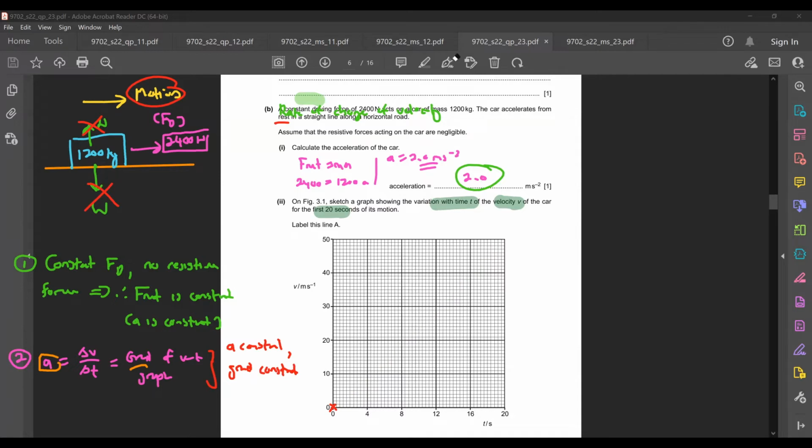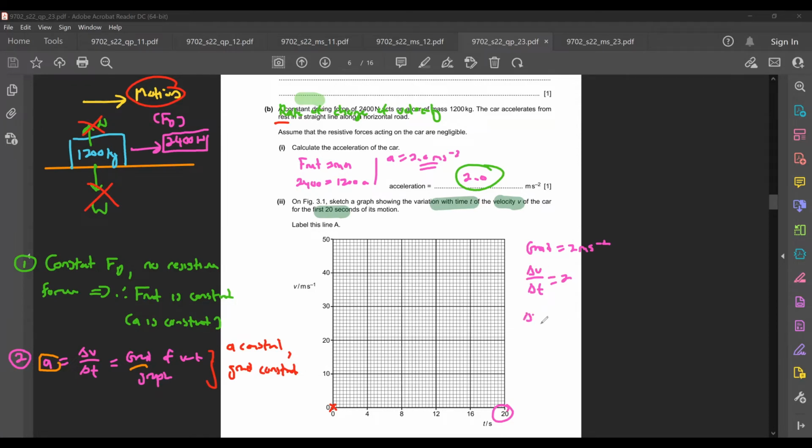If let's just say I want to pick a convenient point, 20 meter per second. I do it like this now. Since gradient should be 2 meter per second square, it will be my delta V over delta T equals to 2. So let's just say my T is 20. I consider 20 seconds. What should be my V then?